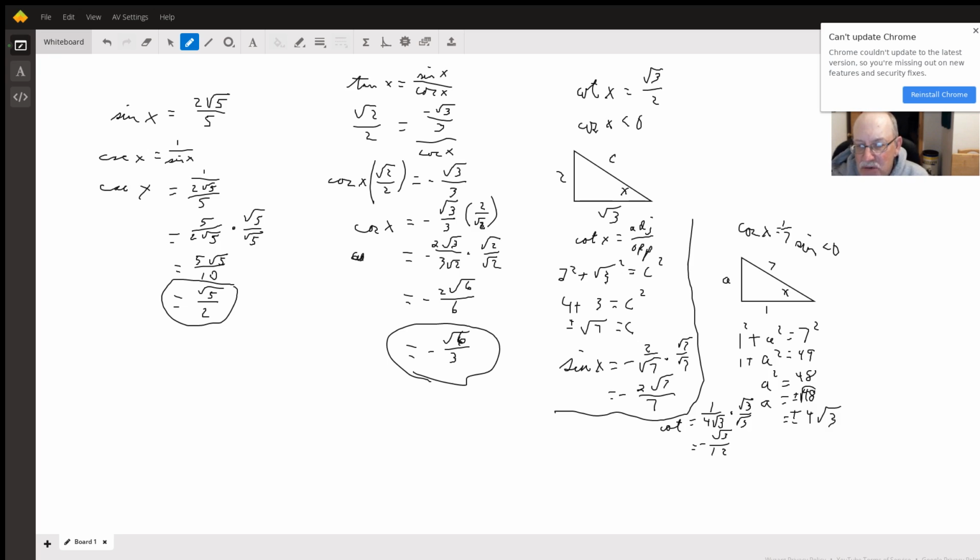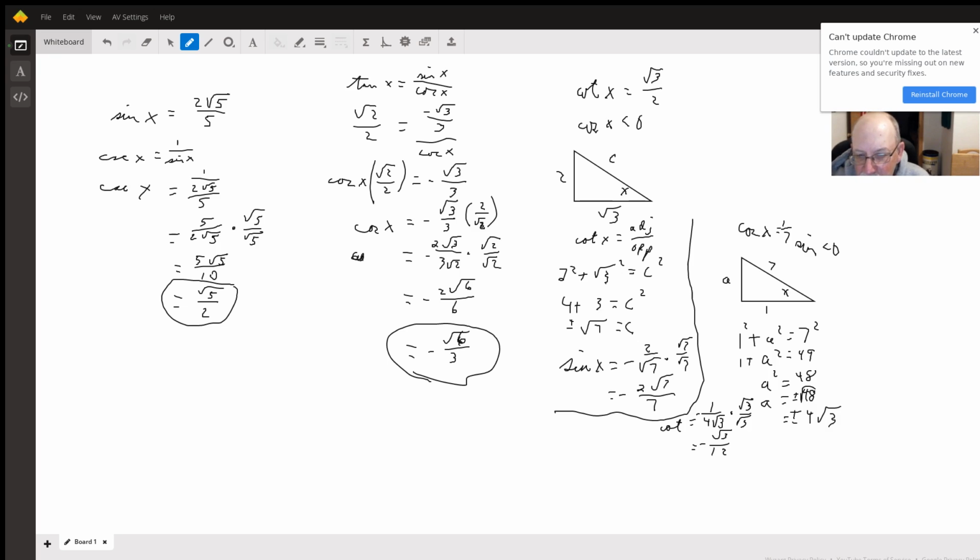So a is going to equal plus or minus the square root of 48, which is the same thing as 4 square root of 3. So we said we need the negative one. So the cotangent would be the adjacent over the opposite.